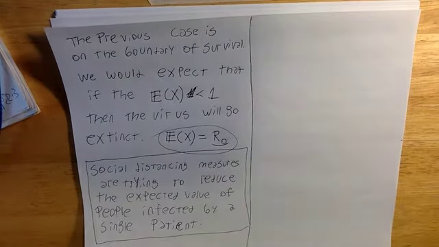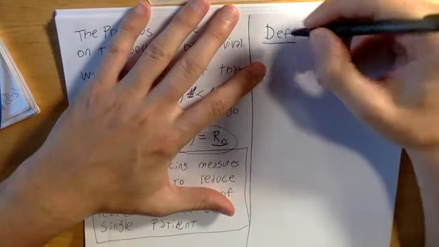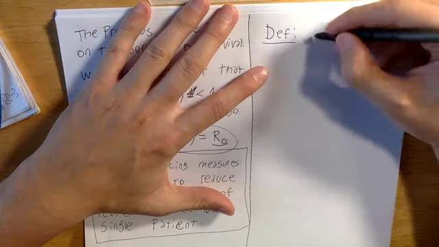So let's look at a more formal definition. Let's say a Galton-Watson process, or a branching process.